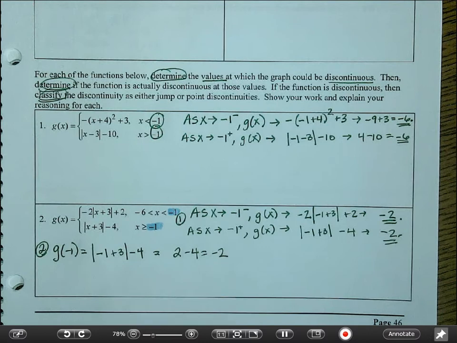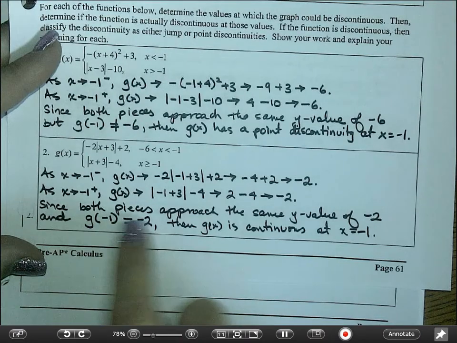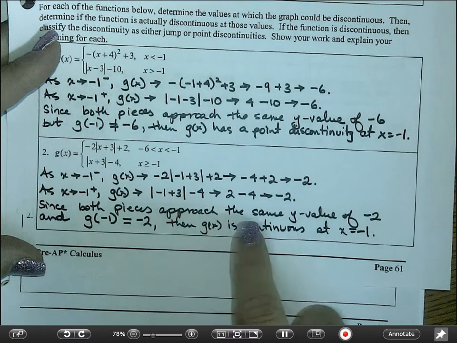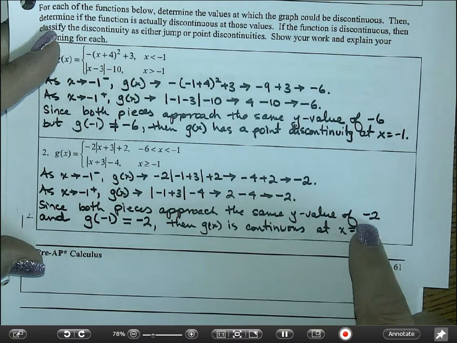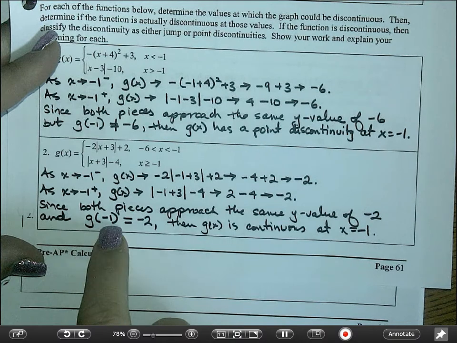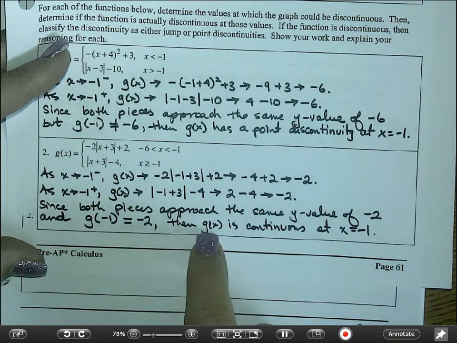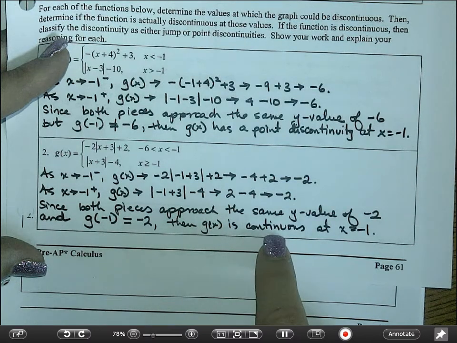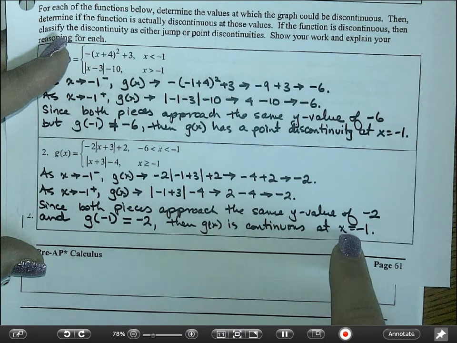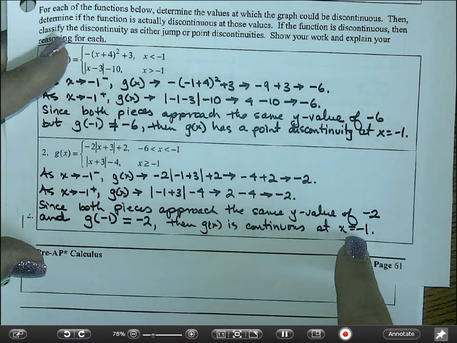Since both pieces approach the same y value of -2 and g of -1 equals -2, then g of x is continuous at x equals -1.